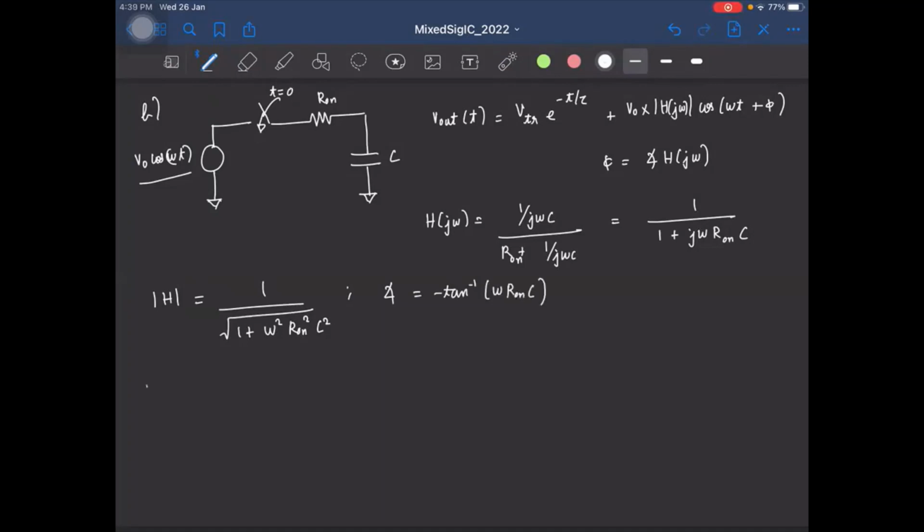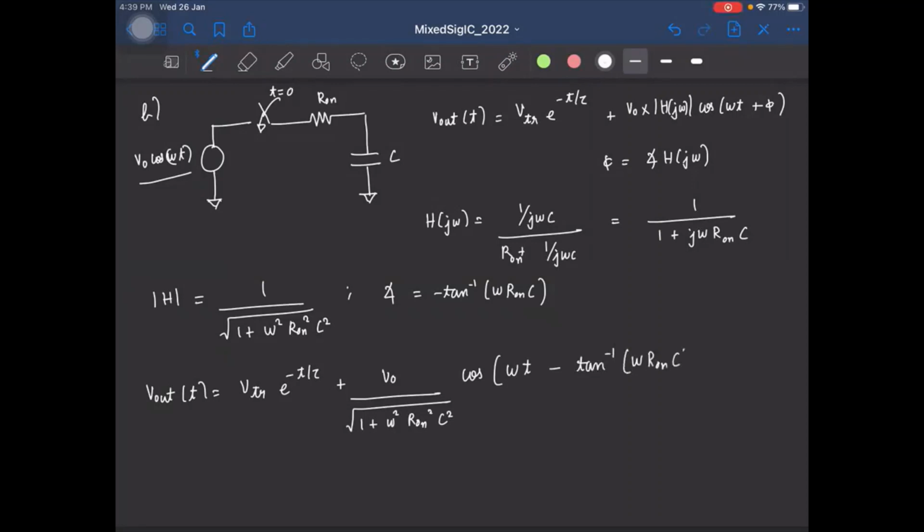Okay, so the final output voltage V out of t will be the transient component into e power minus t by tau plus V naught by square root of 1 plus omega square r on square c square cos of omega t minus tan inverse of omega r on times c. Okay, and of course we'll be interested in the sample at t equal to ts by 2.